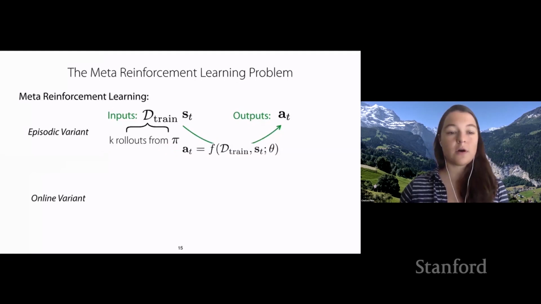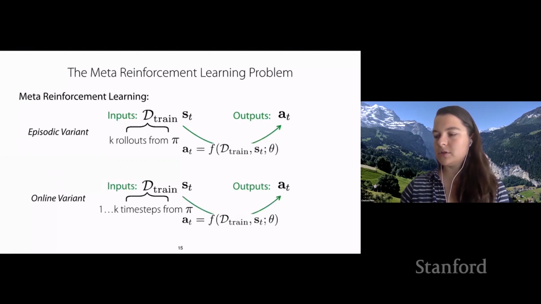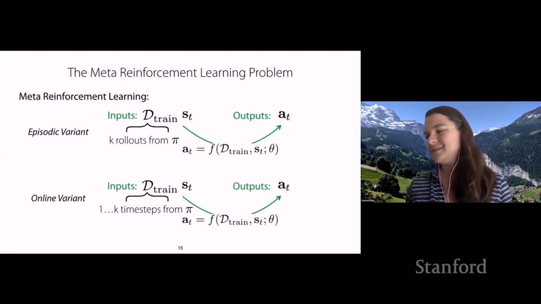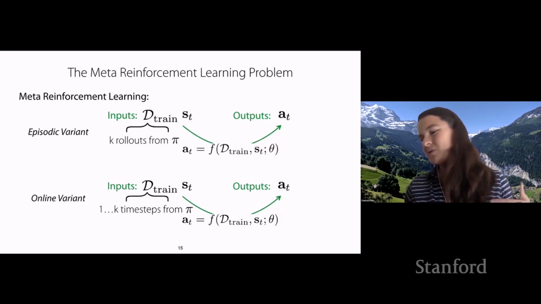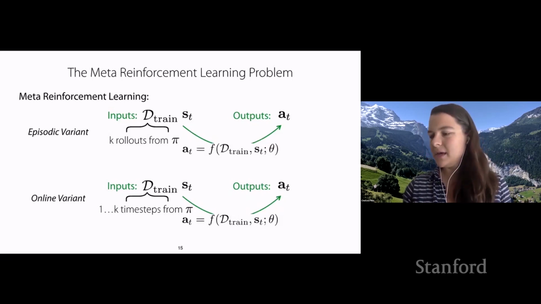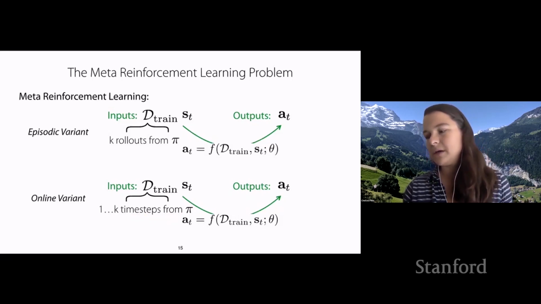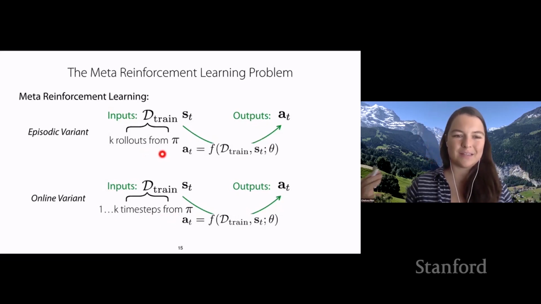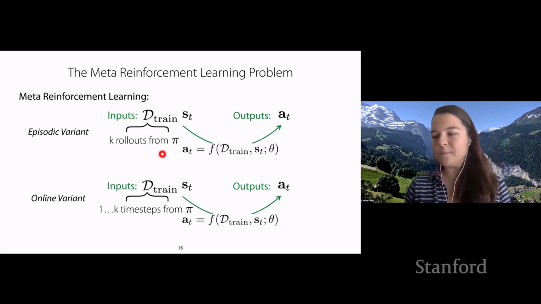And one I'll call the online variant, where your data now just contains K time steps within that task. So you can consider either of these or something in between. You're either trying to learn from a small amount of time steps or a small amount of trajectories. In both cases, it's a small amount of experience. Different problem formulations will consider different variants of the problem. Okay, thanks.